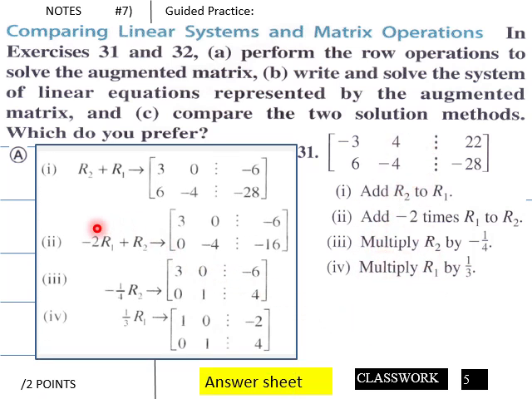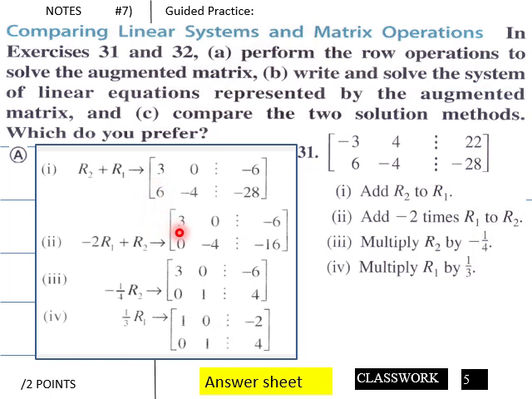And then once we do this, row 2 plus row 1, when we add row 2 and row 1, we end up with 3, 0, -6. Then we still have 6, -4, -28. And then the negative of 2 times row 1 plus row 2.